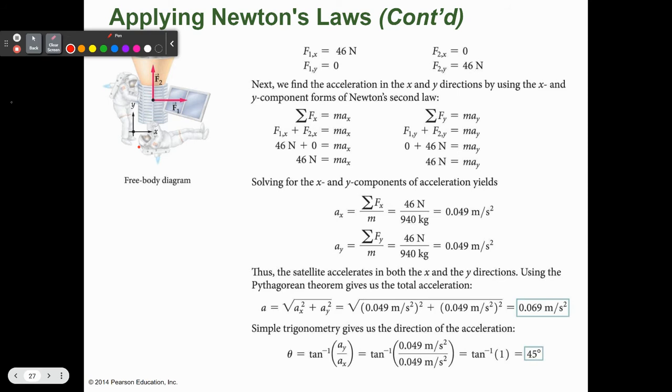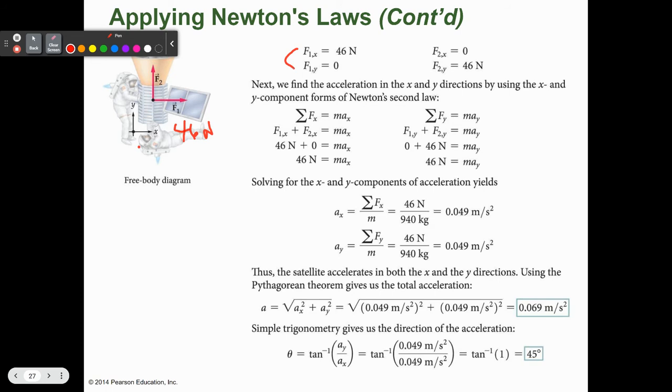The problem tells us that this astronaut is pushing with a force of 46 newtons. Because it's going directly in the x direction, we break each one up into its components, its x direction and its y direction.